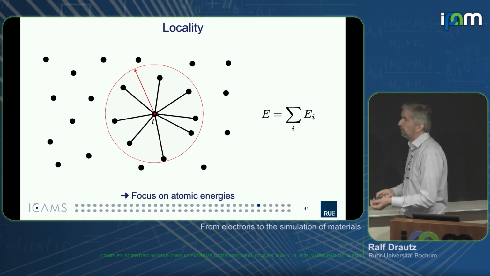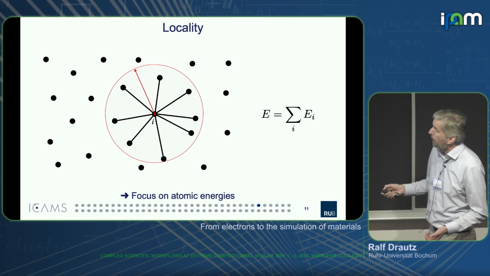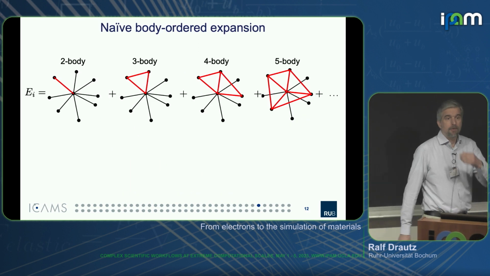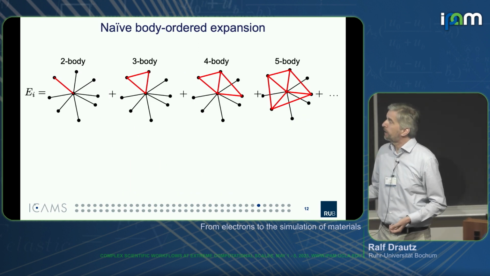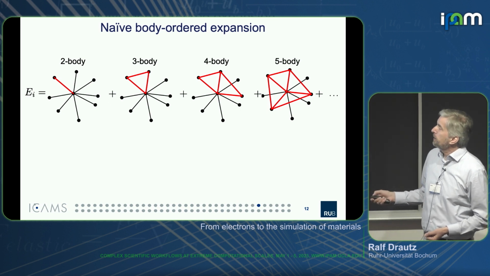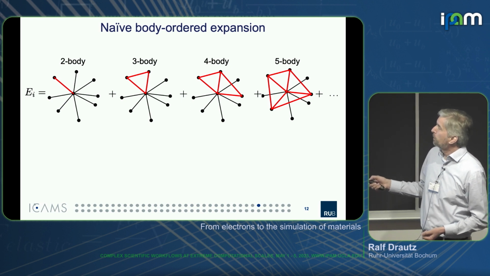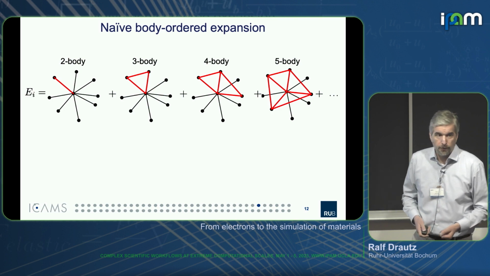How can we compute energies per atom, and the energy of this atom i in its environment? This is the task. And if one would do this in a kind of naive, direct way, then one could say, okay, I write down the energy as a decomposition of pair contributions, plus 3-body contributions, plus 4-body contributions, 5-body contributions, and so on and so forth.